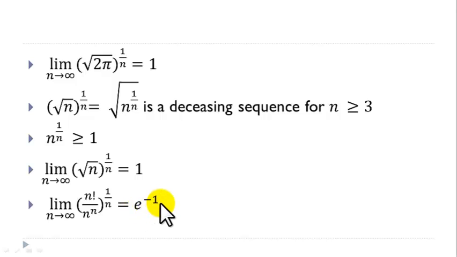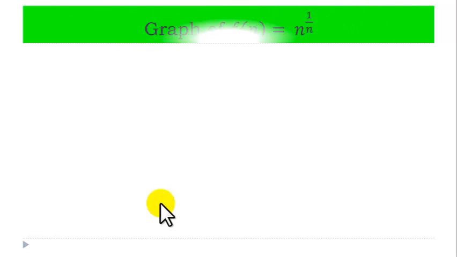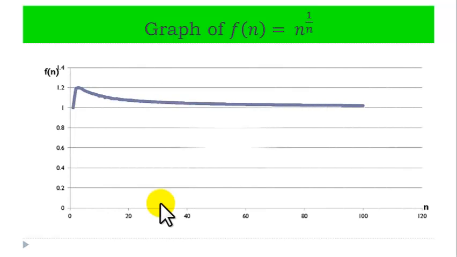Let us illustrate this graphically as follows. The graph of f of n equals n to power 1 over n is as shown below. As we can see in this graph, at n equals 1, f of n is equal to 1.